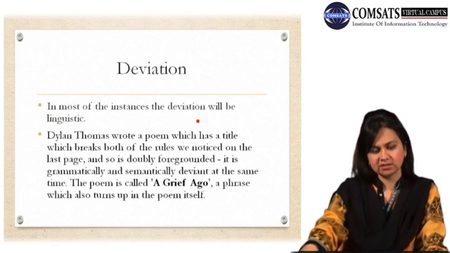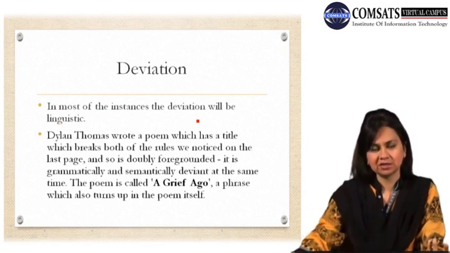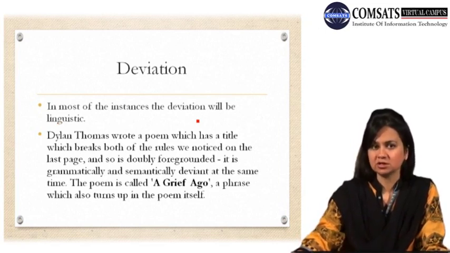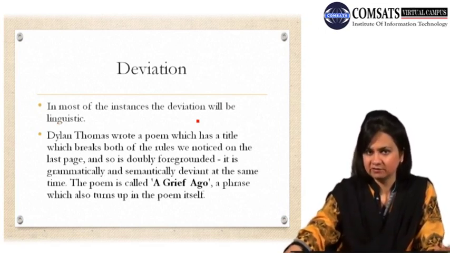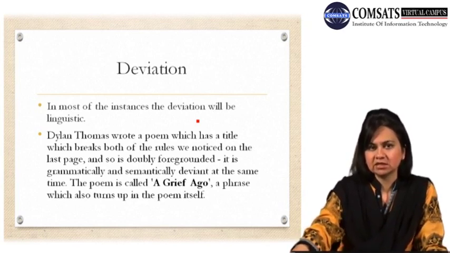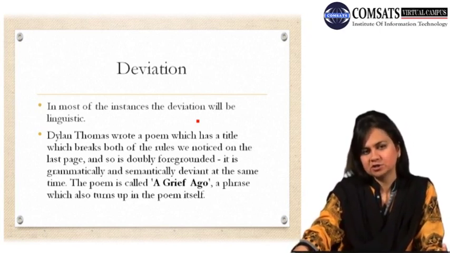Now, in most instances, deviation is linguistic, because it is the artful use of language that makes the reader feel that they have encountered something new or strange. For example, in Dylan Thomas's poem titled A Grief Ago, the very expression "a grief ago" surprises us.